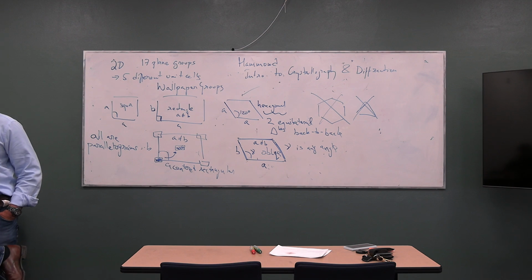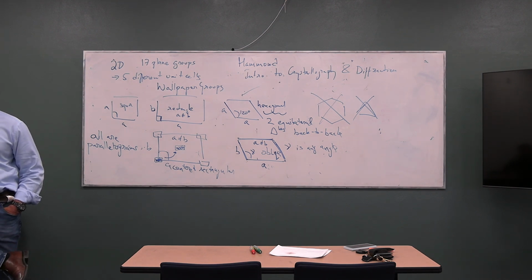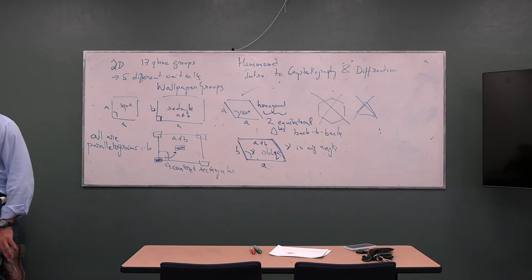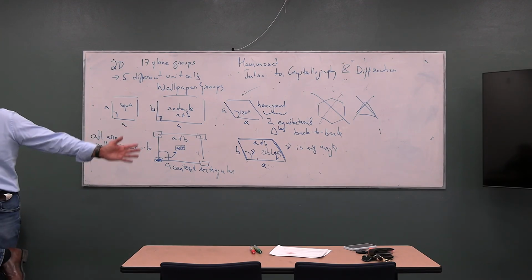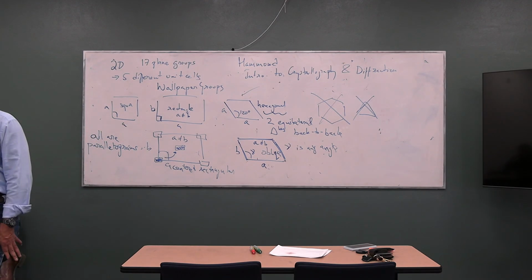And these 5 different unit cells are associated with the plane groups. I want to make this important point: we should not judge whether the unit cell is square or rectangular, or hexagonal, simply on the basis of the metric. If A is equal to B, if both edges are the same and the angles are 90, it still doesn't make a square.